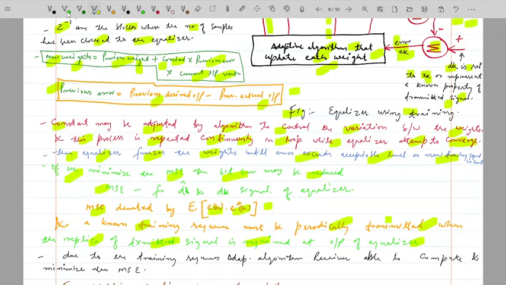So what is the replica of the transmitted signal? It is the same copy of the transmitted signal. When this signal is required at the output, the training sequence or pilot sequence may be periodically transmitted to the equalizer.